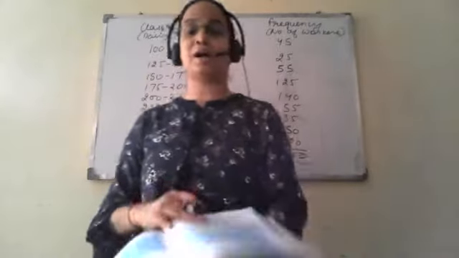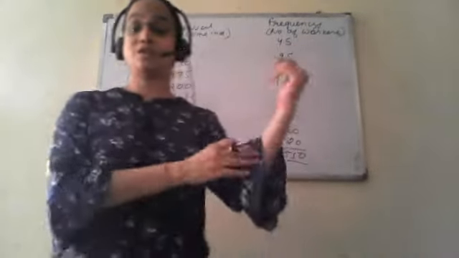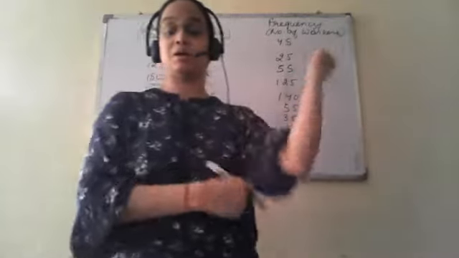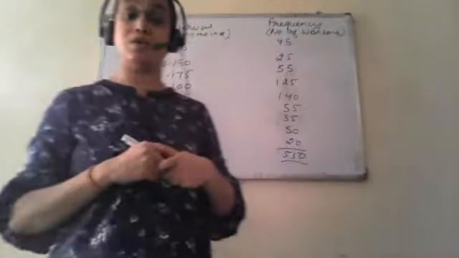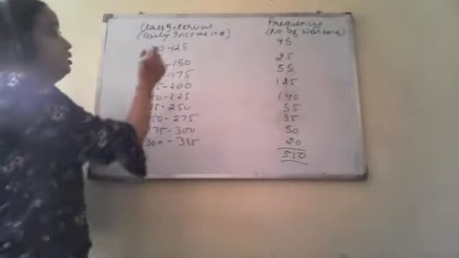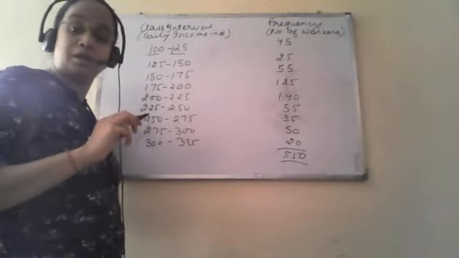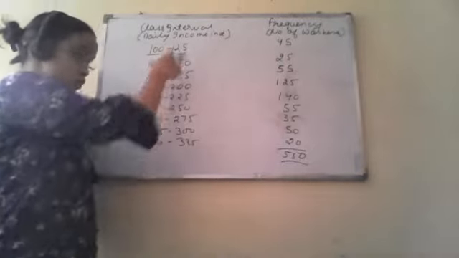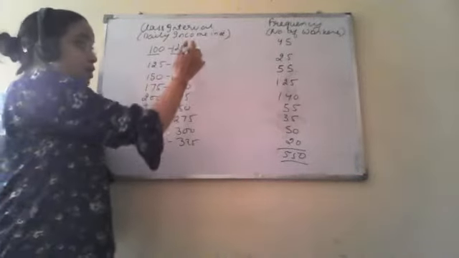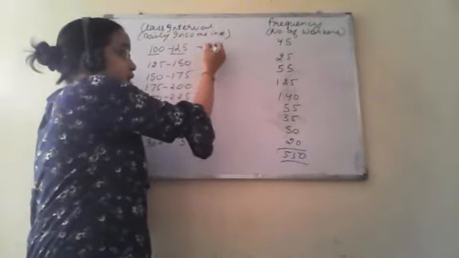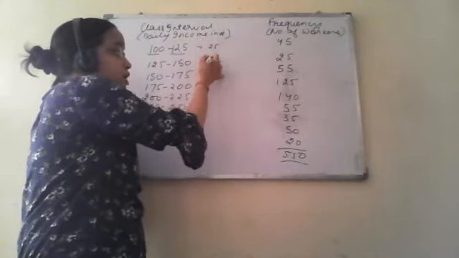The first question is, what is the size of the class interval? As I explained in the last video, it is the range of the interval. This is the lower limit and this is the upper limit, and we have to take their difference. It should be the same for each interval. It is not that here it is 25 and there it can be 50.